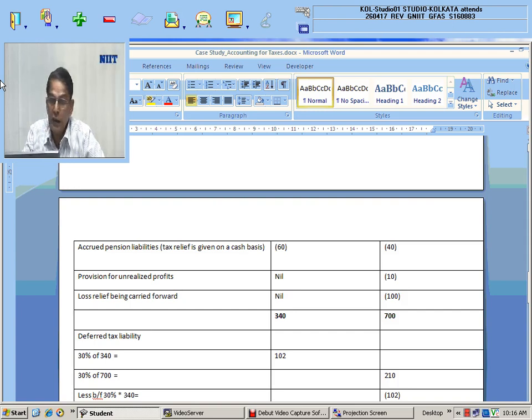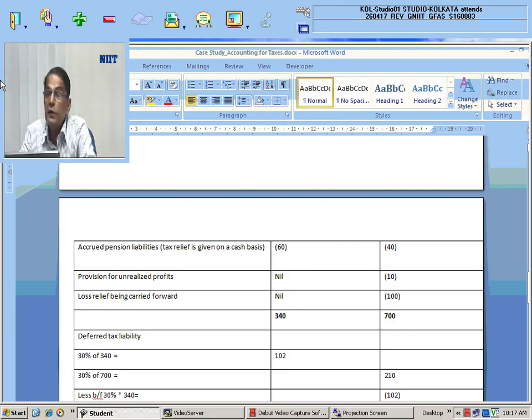So the net temporary difference in respect of assets is 340,000 as on 30th June 2015 and 700,000 as on 30th June 2016. This is taxable temporary difference. Some of these are taxable temporary differences and some are deductible temporary differences. Deductible temporary differences give rise to deferred tax assets.